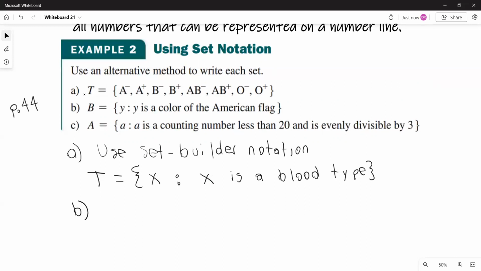And the sets in parts B and C are written in set builder notation. We're going to write this in an alternative way. So set B is the set of all y such that y is a color of the American flag. So we can list this as red, white, and blue.